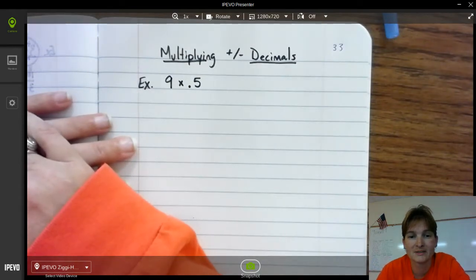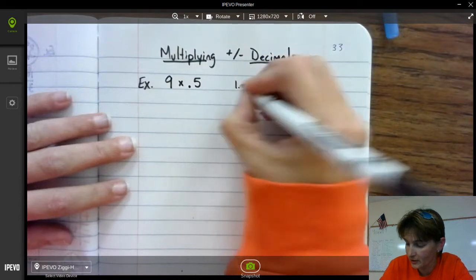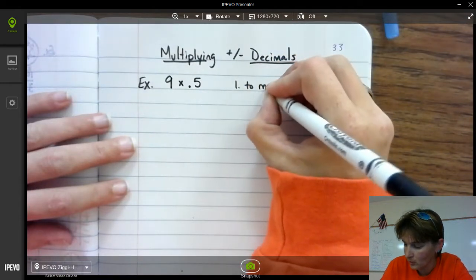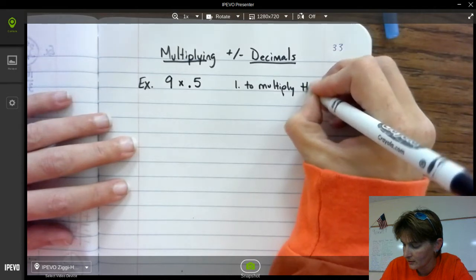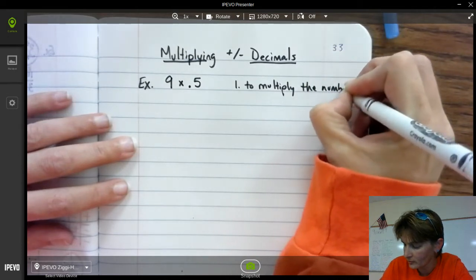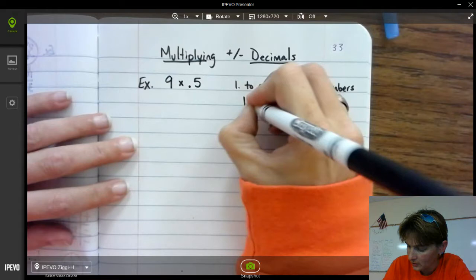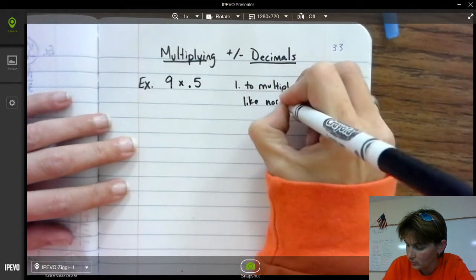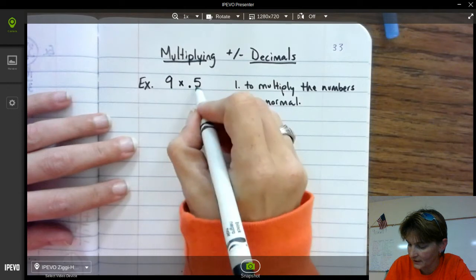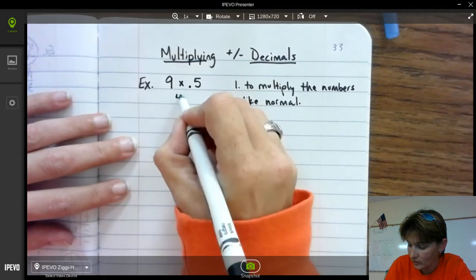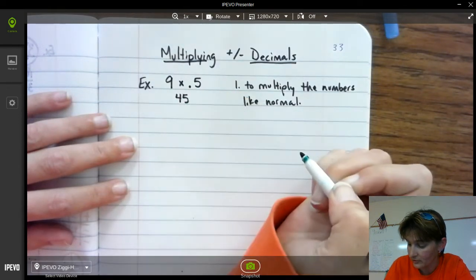The first step is to multiply the numbers like normal. So that is 9 times 5 is 45.